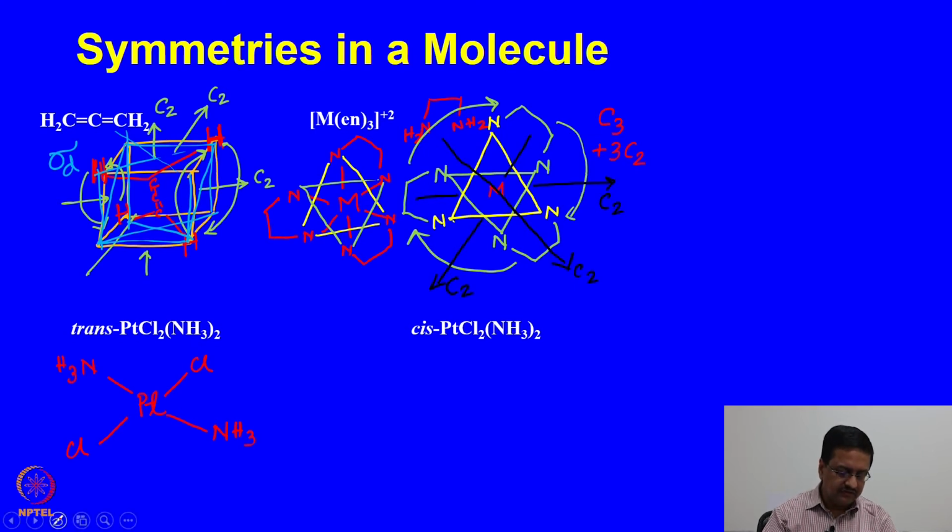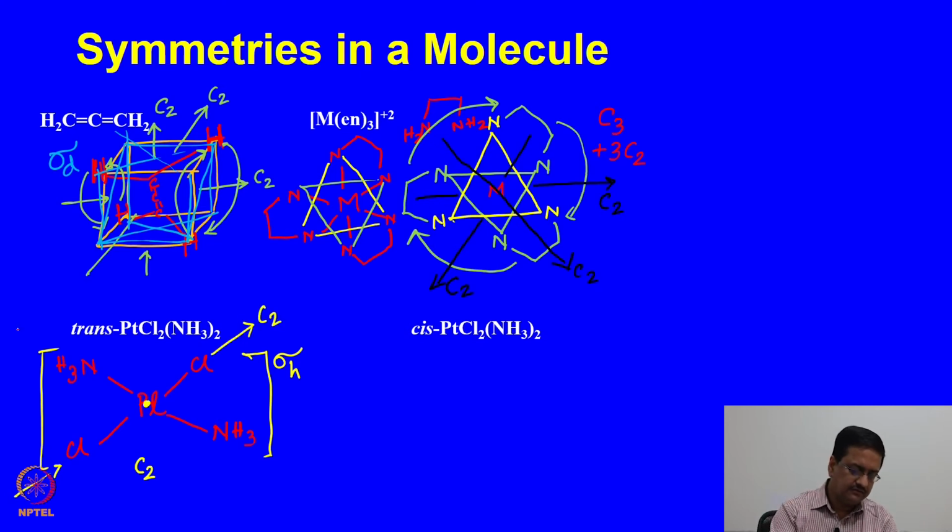This molecule has a C2 which is passing through the center of this molecule. This molecule has a plane of symmetry which is perpendicular to this C2. So, it is sigma H. What else do you have? It has two more C2s which are going like that and this.